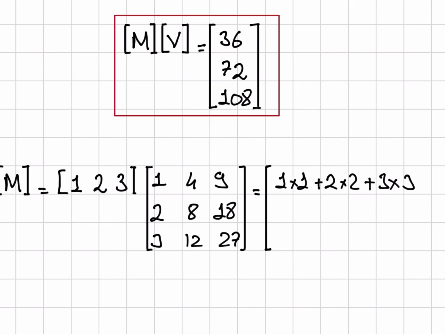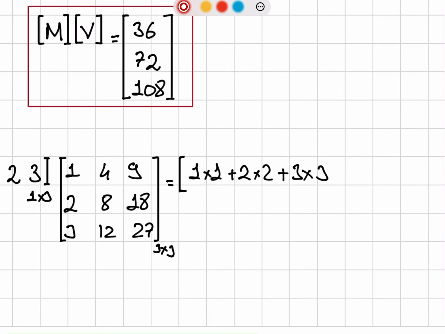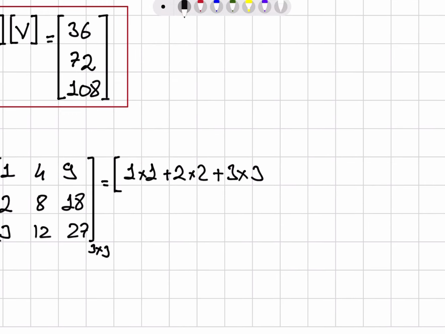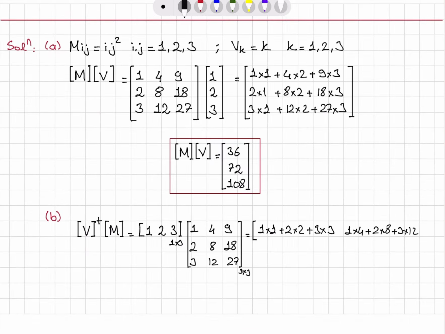This is 1 row, 3 columns. This is 3 rows, 3 columns. So I will obtain 1 row, 3 columns at the end here. And then I will have the third element here.